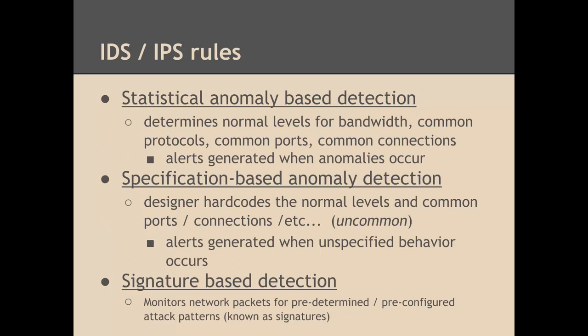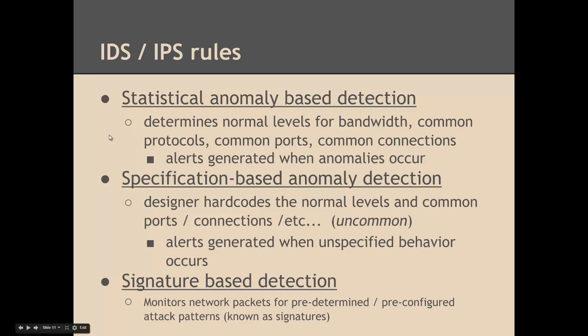Now, as for the types of analysis that these systems can perform automatically, there's the obvious signature-based detection: these series of packets with this payload represents an attack and log it or kill it.